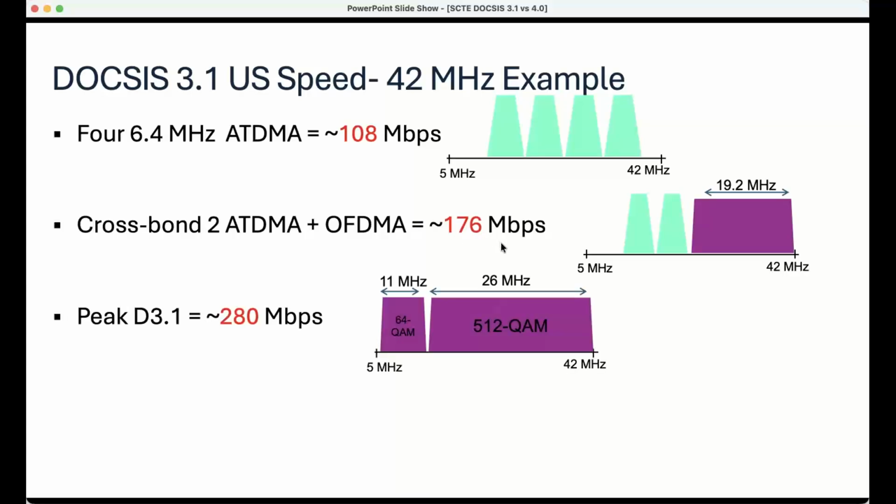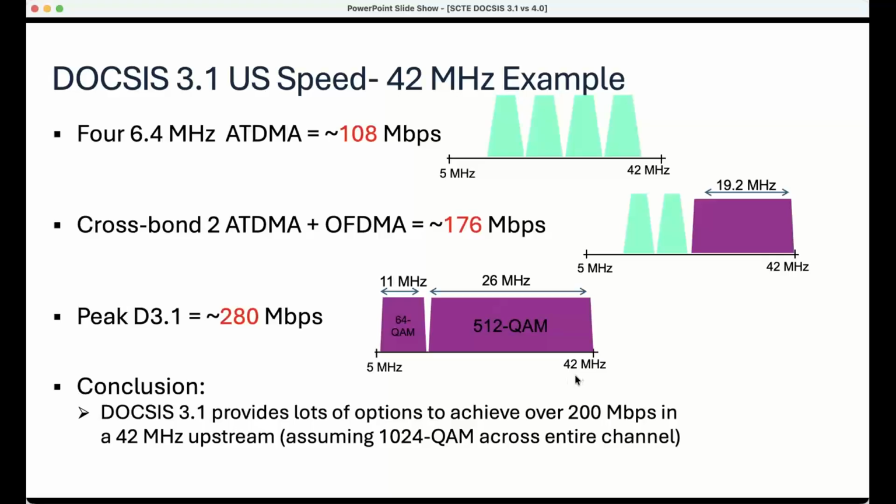Or if you had all DOCSIS 3.1 modems, you could get rid of your SC QAM channels altogether, and now you almost triple your upstream capacity to 280 megabits per second just in a 42 megahertz return plant. So again, there's lots of options with DOCSIS 3.1. You guys probably already are familiar with that.